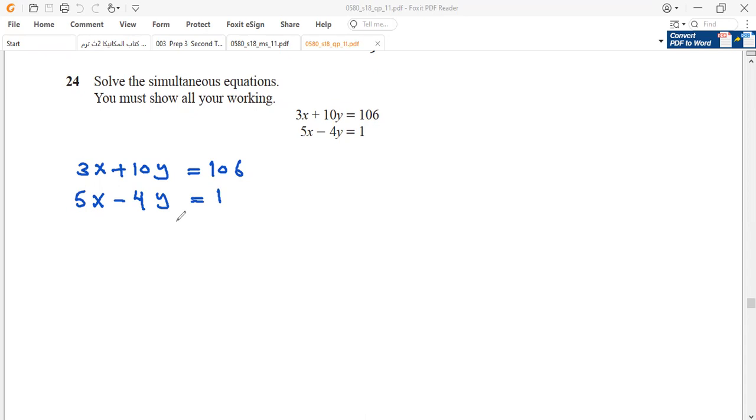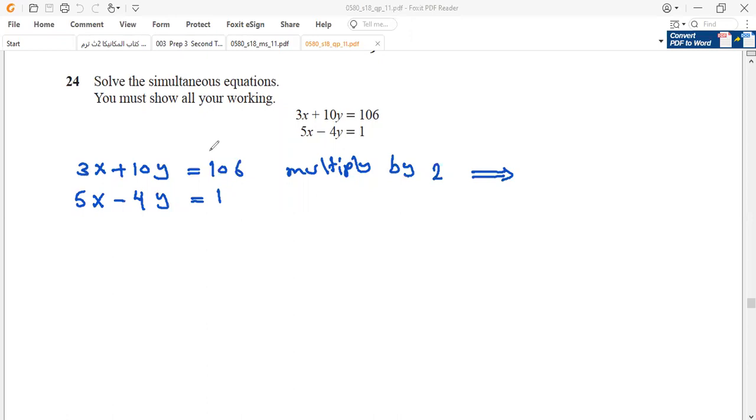We can multiply the first equation by 2, multiply all terms by 2.